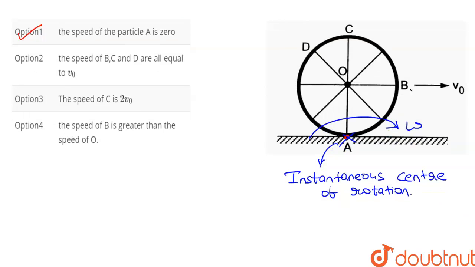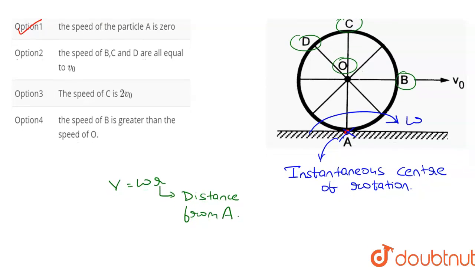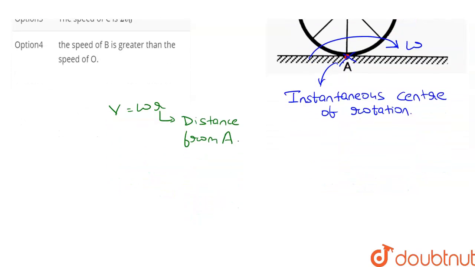So the velocities of point B, C, D and O can be written using the formula V equal to omega R, and R is the distance from center of rotation, which in this case is A. So we are given that the speed of particle at O is V0.